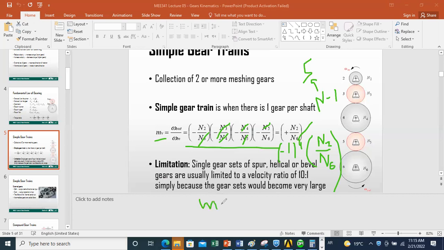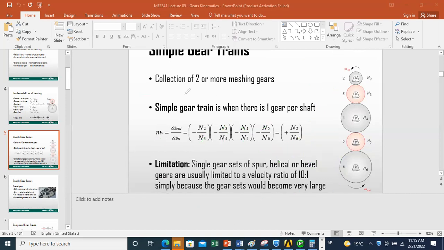So here mv is positive, and it's equal to the number of T's of the driving gear over number of T's of the driven gear. So the general rule is the following: whenever I have a simple gear train, so whenever I have several gears and I have 1 gear per shaft, I can say that mv, which is the ratio, is equal to minus 1 to the power n minus 1, where n represents the number of gears.